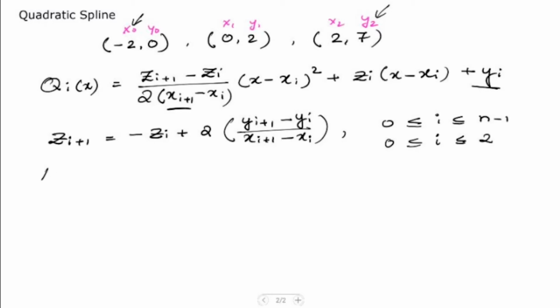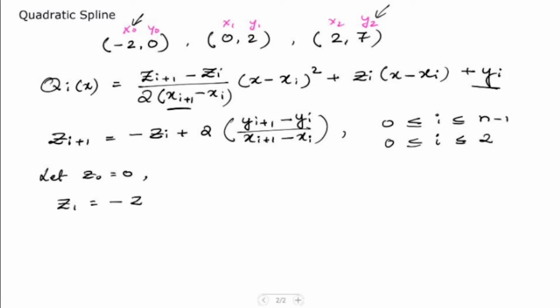First we'll assume z0 to be equal to 0. And then we'll find out the value for z1, which is equal to minus zi plus 2 times (y(i+1) minus yi) divided by (x(i+1) minus xi), with i equal to 0.